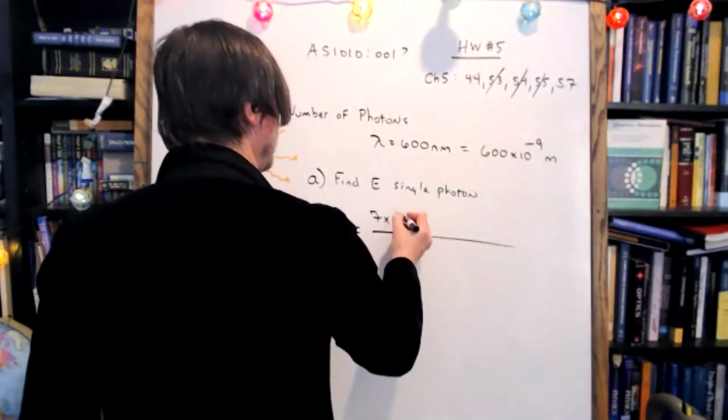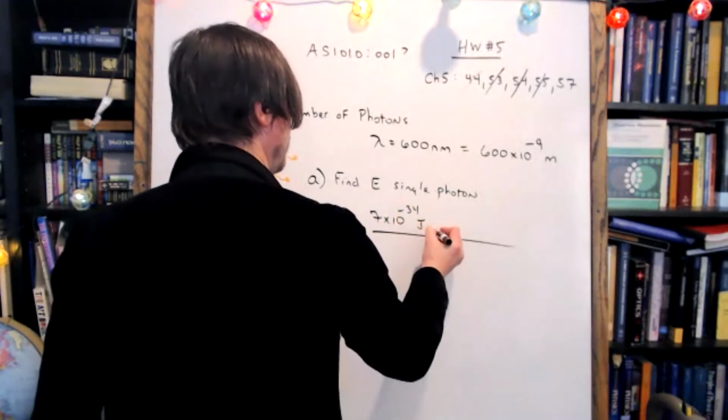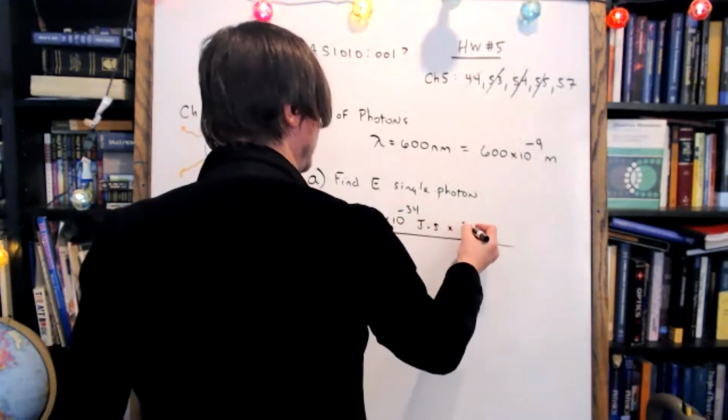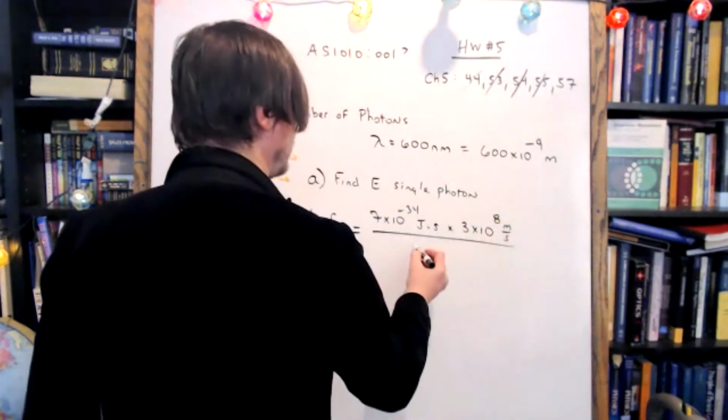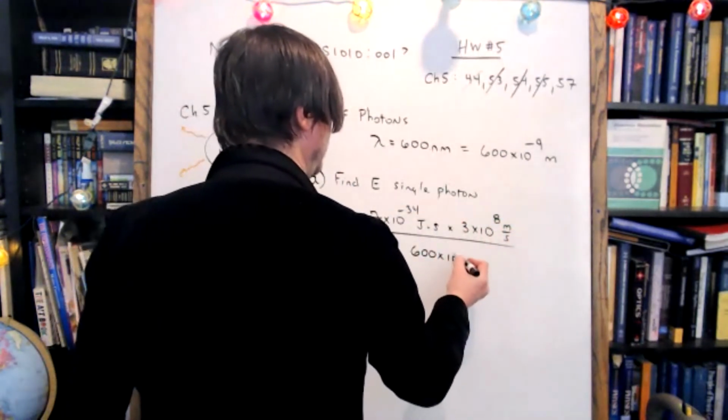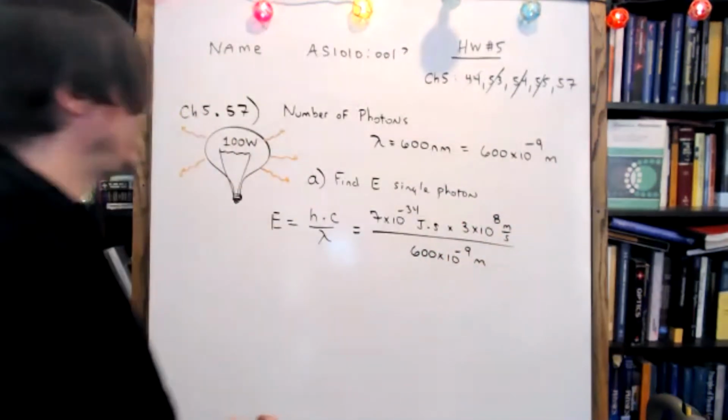Planck's constant is 7 times 10 to the minus 34 joule seconds, times the speed of light, 3 times 10 to the 8 meters per second, over 600 billionths of a meter. Why don't you guys punch that up?